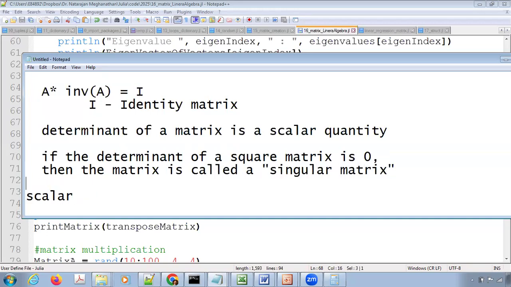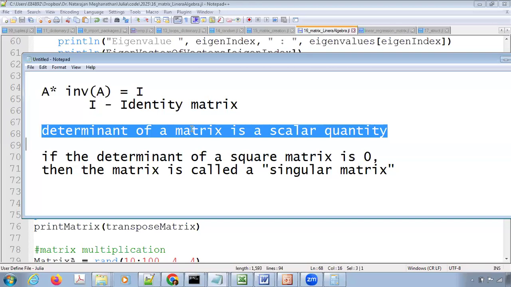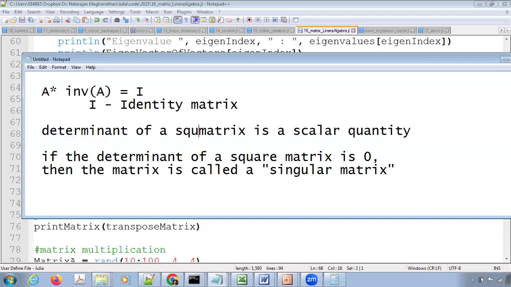I'm not showing here how to compute it, but just know that there is a determinant of a square matrix, which we can compute. Determinant can be found only for square matrices, and it's just going to be some number. If that number happens to be 0, then the matrix is called a singular matrix.